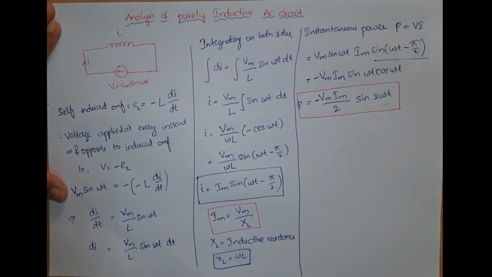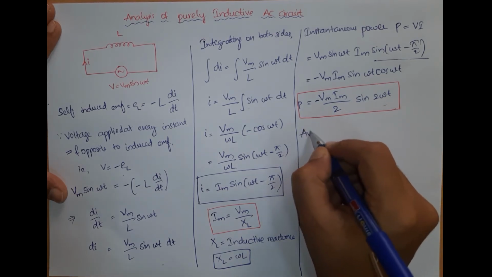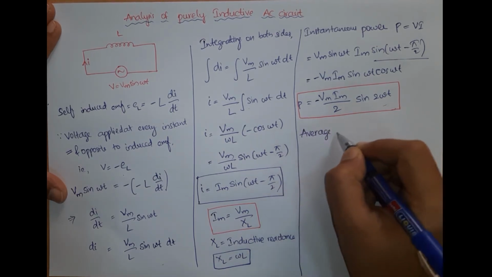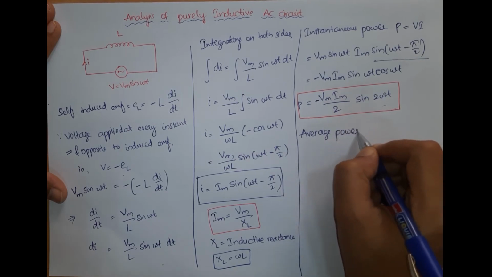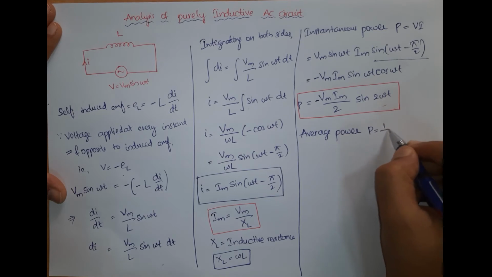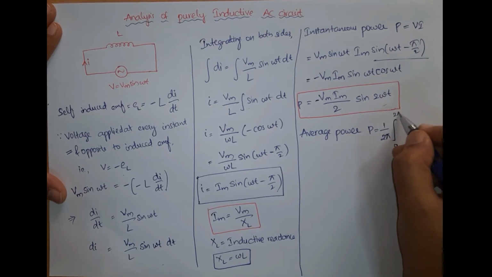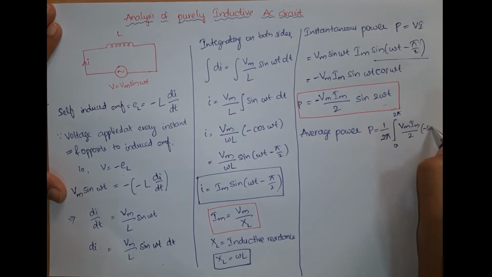Fine. Now coming to the average power. Average power P equals, what is the definition? Integral over the time period, that is up to 2 pi, of minus Vm Im by 2 sin 2 omega t dt.